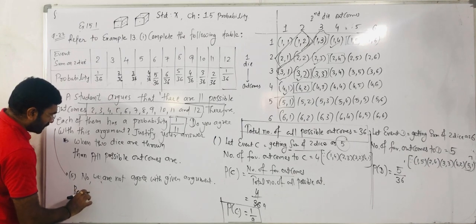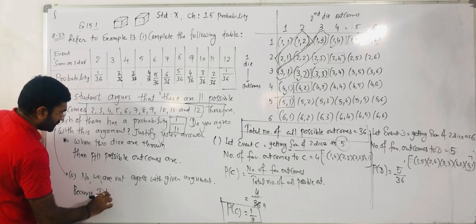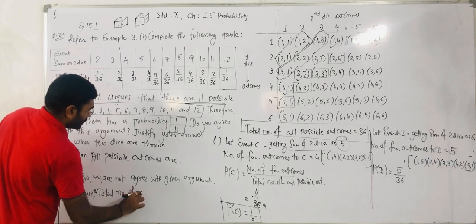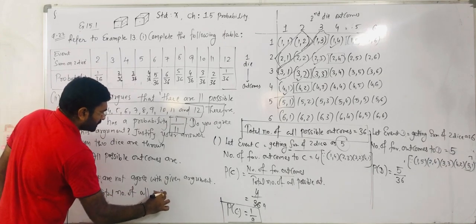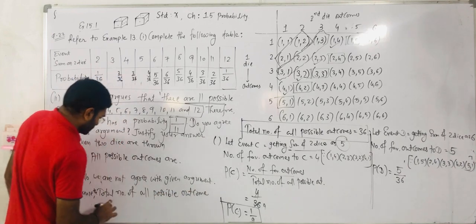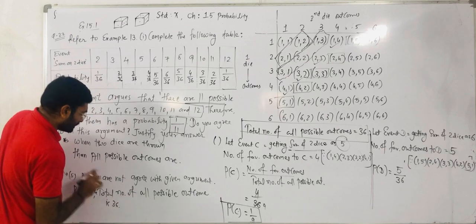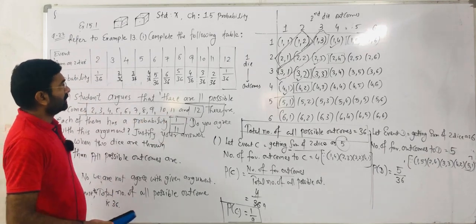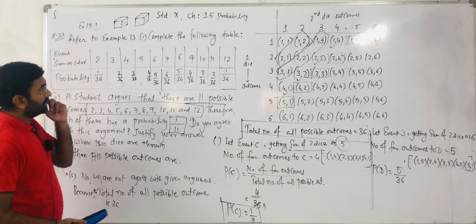Because the total number of all possible outcomes is 36. That's why we never get a probability of 1 by 11. Okay. So this is question number 22.